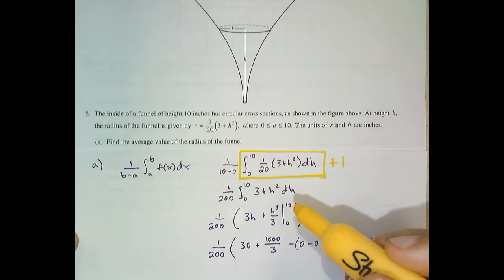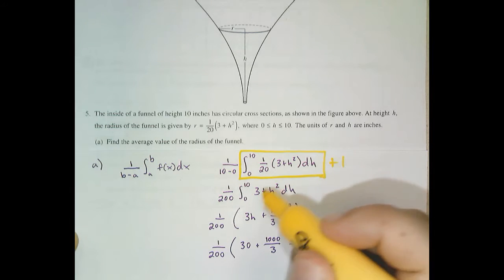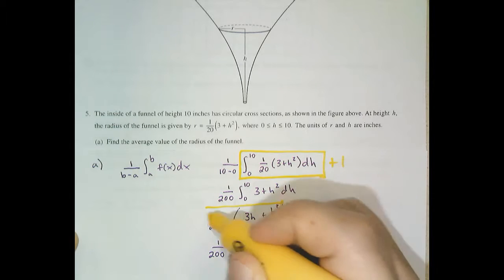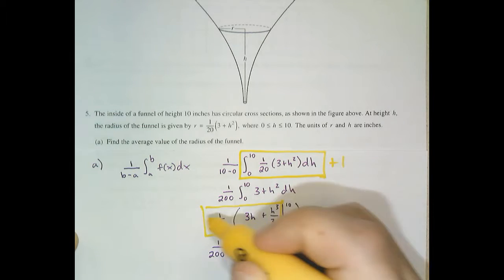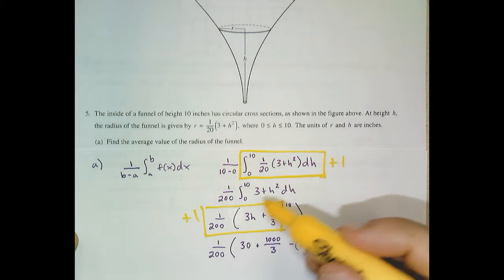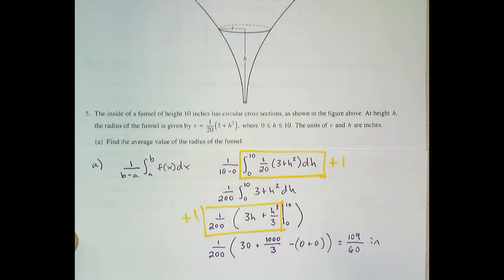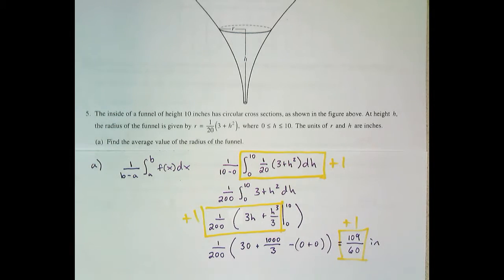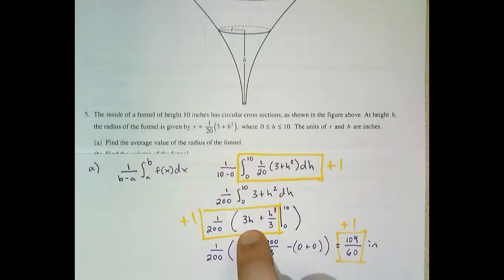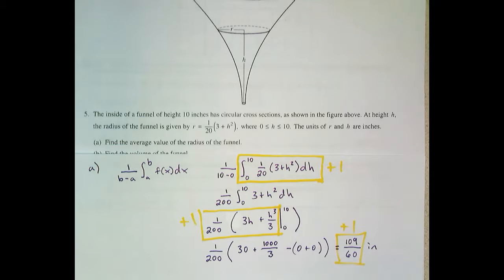You get 1 point if you correctly find the antiderivative of your integral, which I kind of lumped together with the 1 over 200, or the 1 over 10. So that's a little bit shady, but works out. And then 1 point finally for the answer. Integral, antiderivative, and then your final answer.